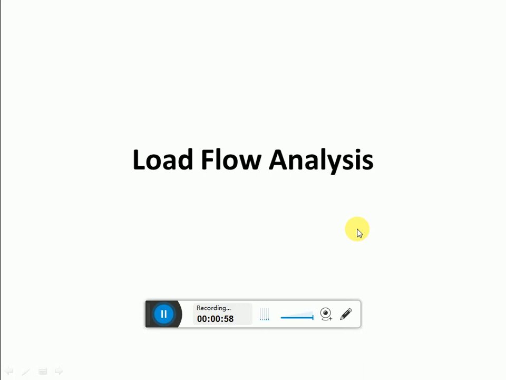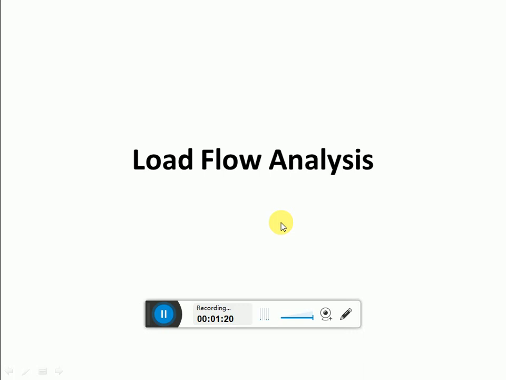So, it is actually the numerical analysis of power flow in a power system network, where we do the assessment of the steady state condition of a power system network.